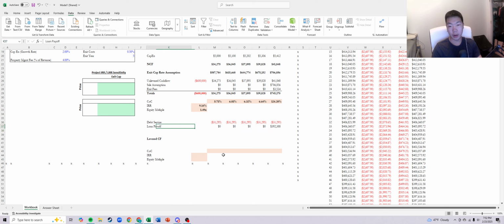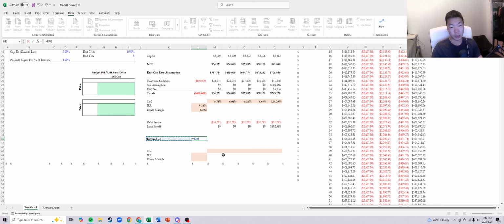Great. So now I know my loan payoff amount anytime I want to sell. And that's dynamic. It's working. Now let us calculate our levered cash flow. So our first one would be year 0, which is our initial equity check.